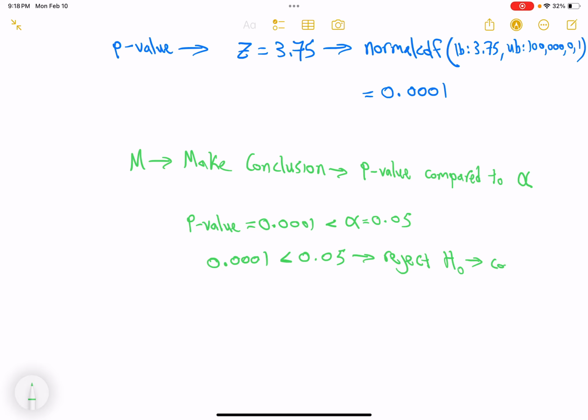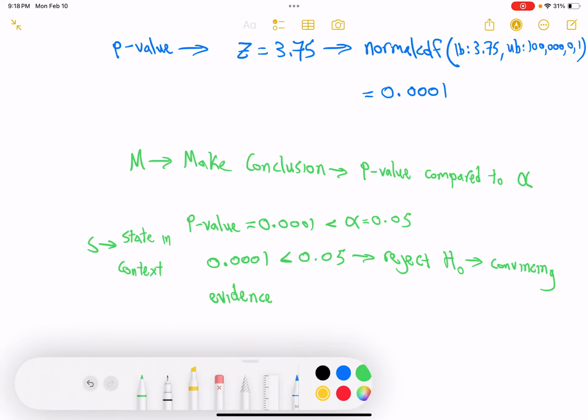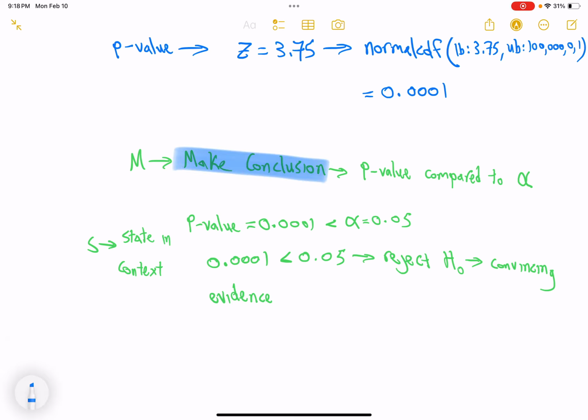Therefore, there is convincing evidence. And this is where we give our context, okay? So actually, I'm going to put this here. State in context. Right? So to be very clear, I'm going to use my blue highlighter. So for making the conclusion, that's what this is. Right? Comparing the p-value to the null.